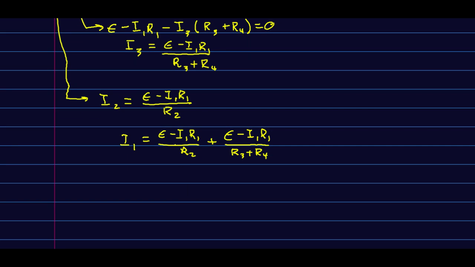And that probably doesn't look too appealing, but I'll just note that the only unknown in here is now I1, and so I can solve for I1, which I will now do.